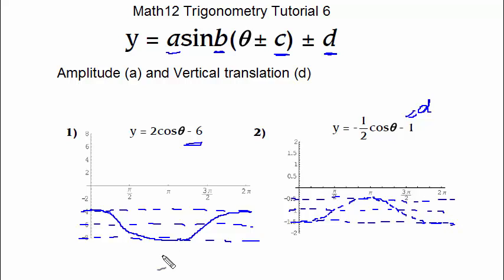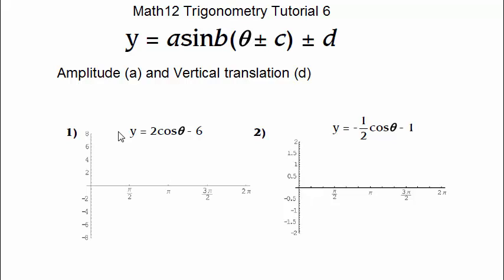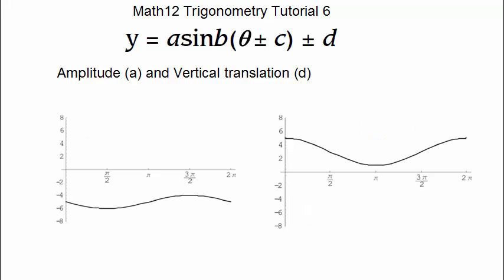Let's see. If we've been given a graph, how do we find the equation? We have a graph here, starting from 0 to 2 pi, which is the normal period for cosine or sine functions.